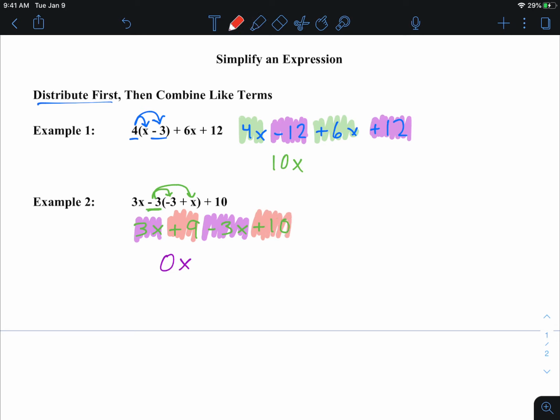Those combine to give me plus 19. There's really no need to have that 0x, so I'm just going to write my answer as 19.